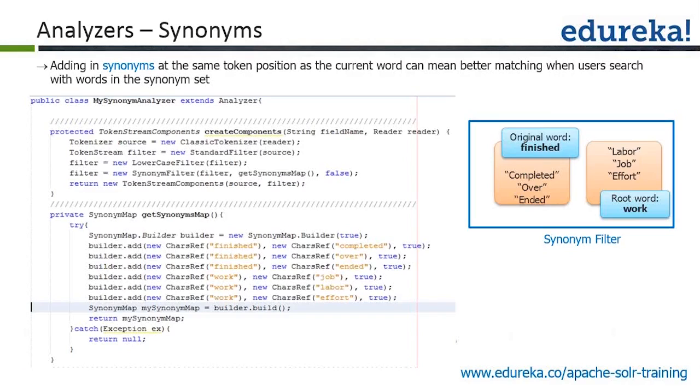Even though your documents may not contain all these index terms, if you expand by providing the synonym list, you can search with any of these words so that your users are not blocked with only the term which the documents are containing, or only the index you are looking for, right?